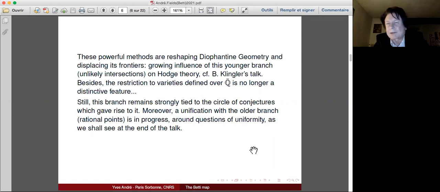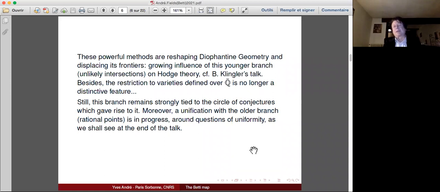And it was already clear in Bruno Klingler's talk last week. Also, one remarks that the restriction to varieties defined over Q bar, which was of course typical before in the main branch of Diophantine geometry, Diophantus, is no longer a distinctive feature.